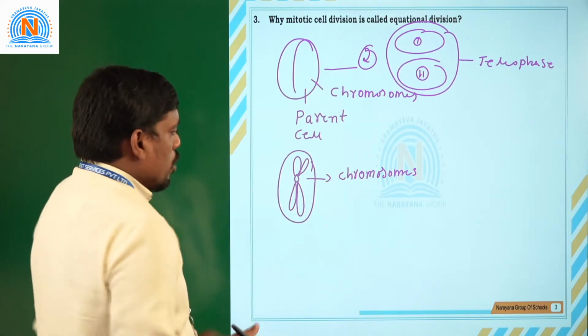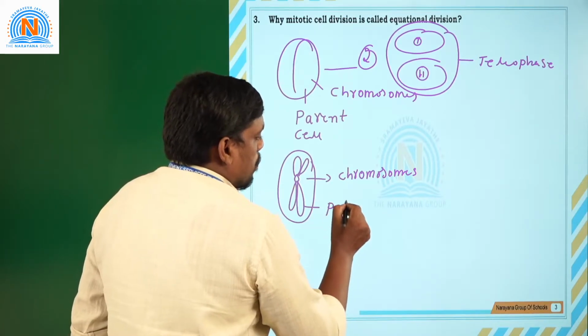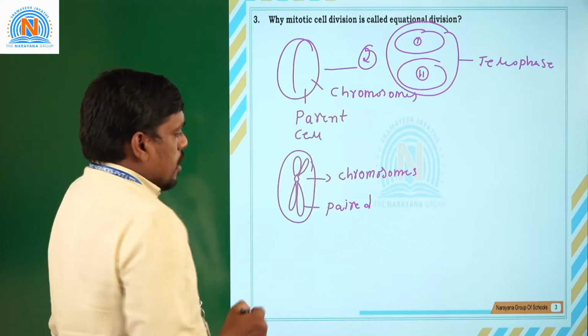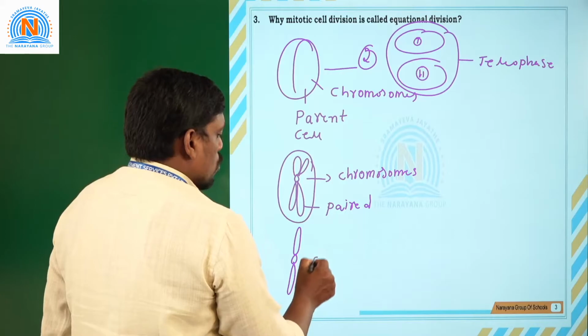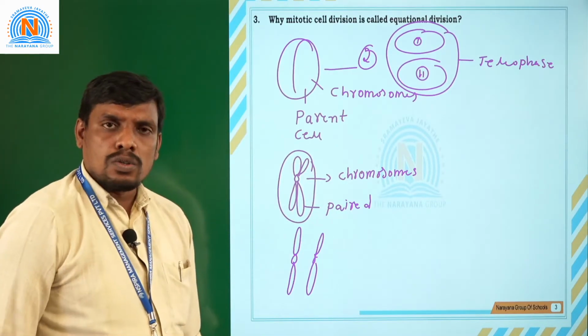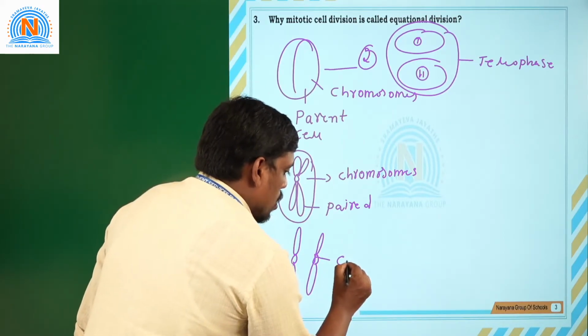It is a double or paired chromosome structure. So here they have 2 strands. An individual chromosome generally looks like this. The center of the chromosome is called the centromere.